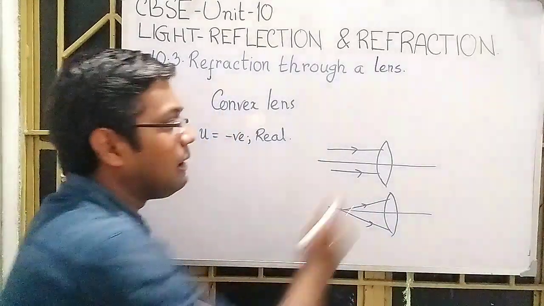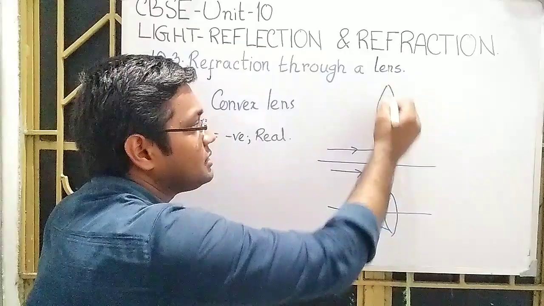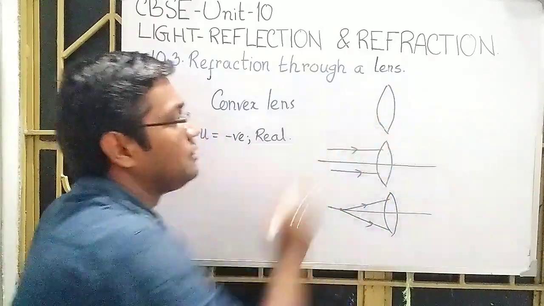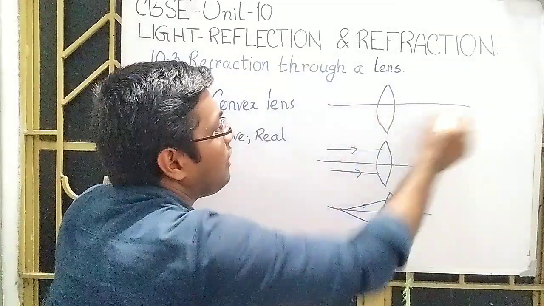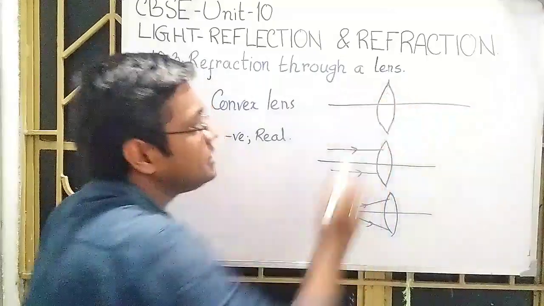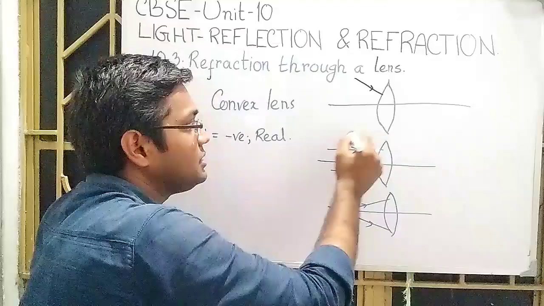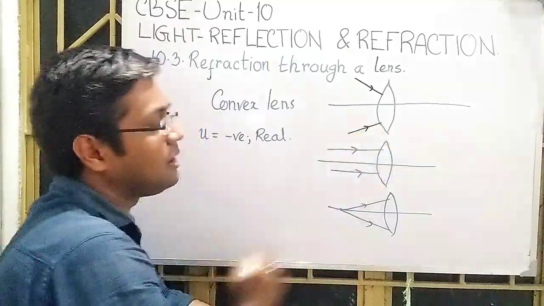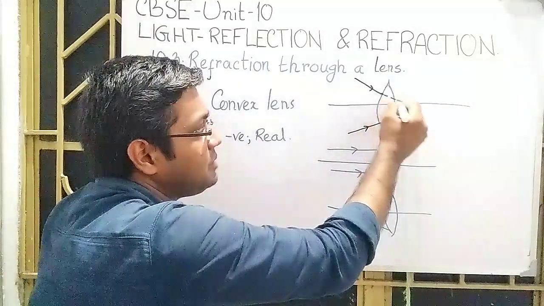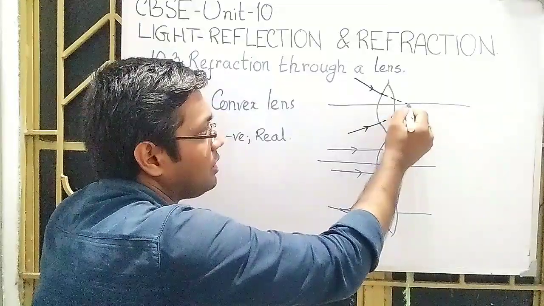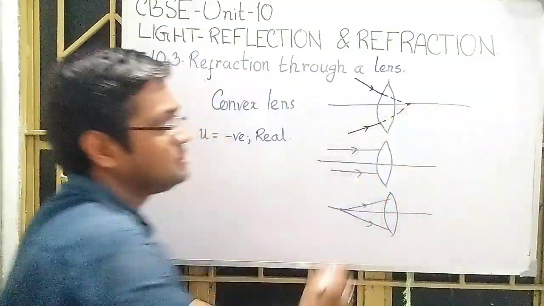okay. But if the rays are incident on the lens just like this, this is very important to understand. If the lens is absent, they will meet somewhere here.